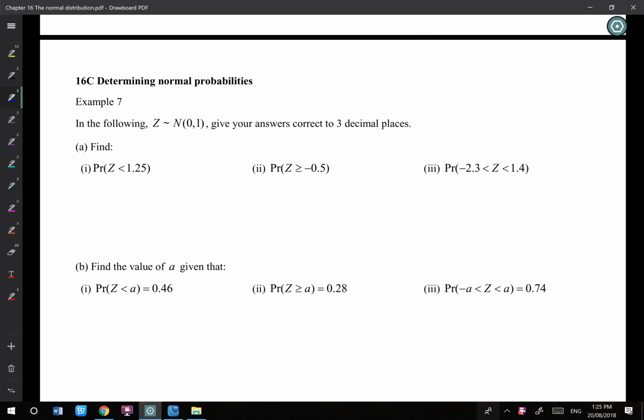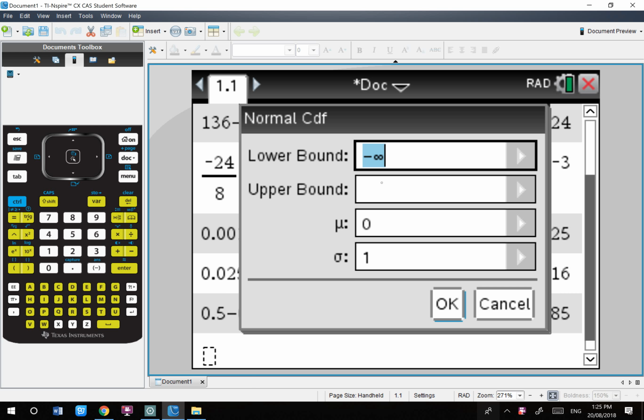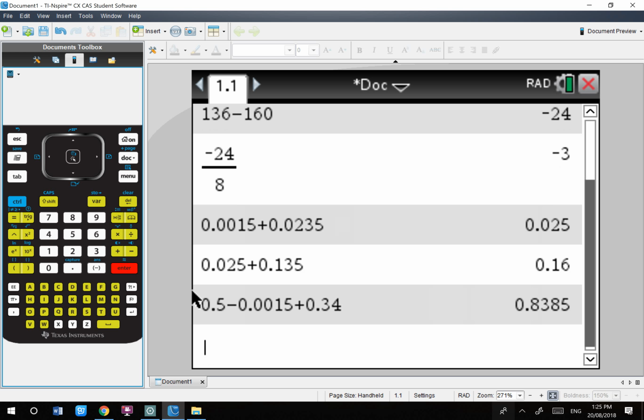Negative infinity until 1.25. And mu is 0 and standard deviation is 1. So what we need to do is we click into CDF. And I know from negative infinity to 1.25, mu is 0, standard deviation is 1. If you need to change that, change it. If you don't need to, just press enter.